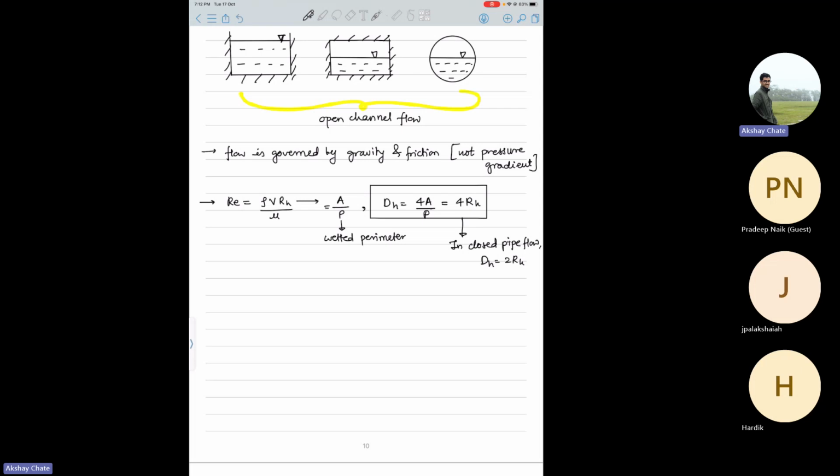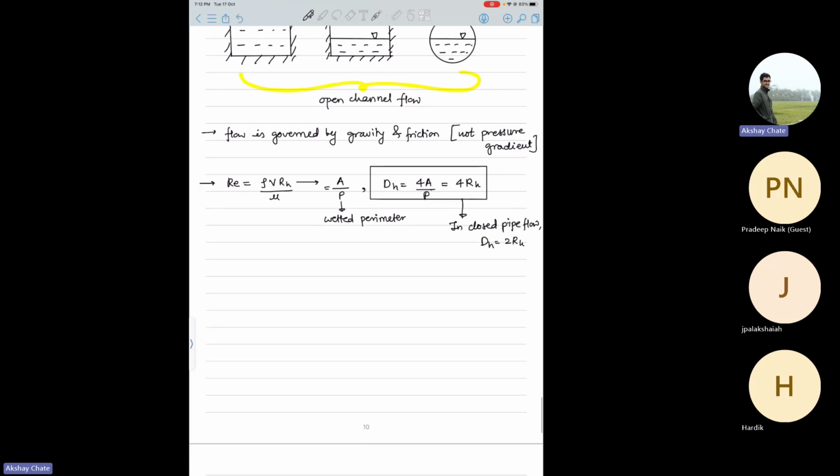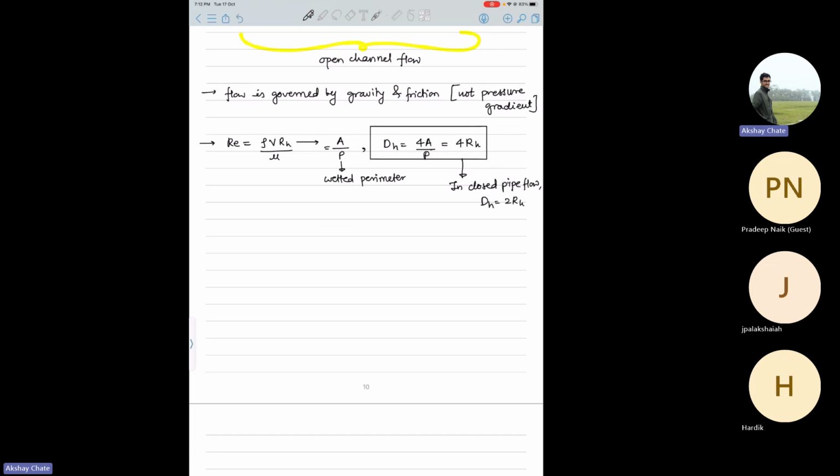Then, as I said, since the flow is governed by gravity and friction, your Froude number is the important parameter here, as we discussed in the initial classes. Froude number is the average flow velocity divided by the square root of g y. This square root of g y is typically called the surface wave speed, and y is the depth of your open channel.